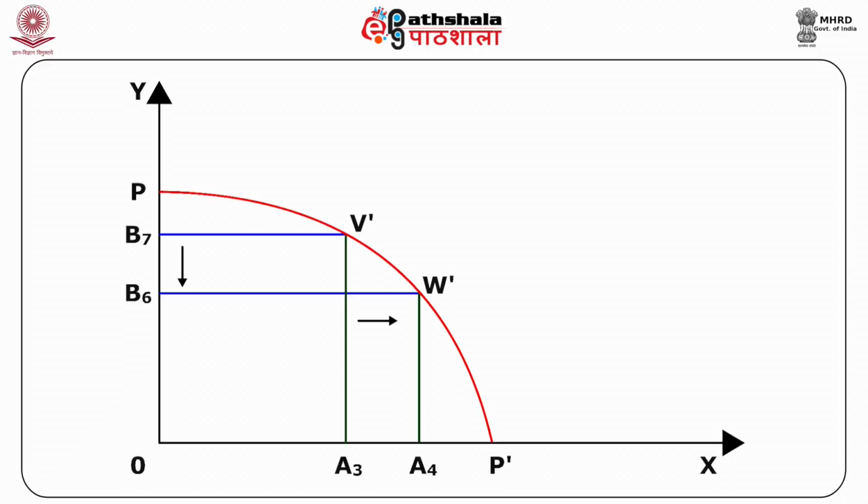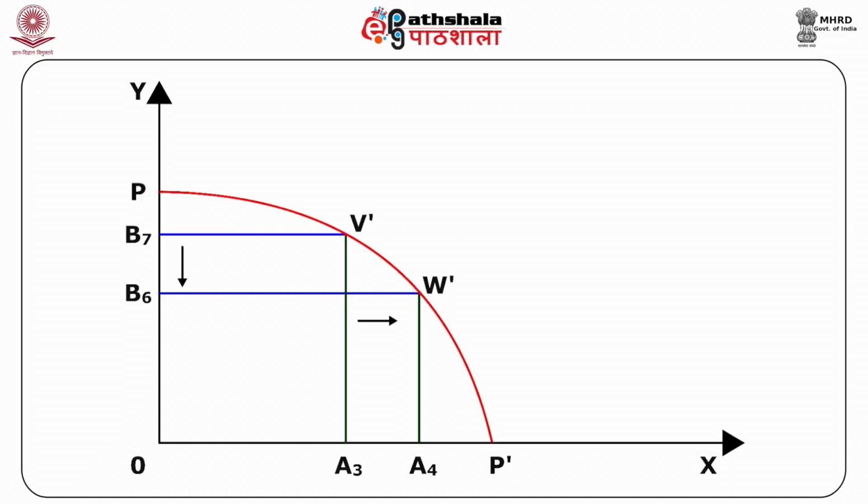We therefore have two illustrative points, one is V prime and the other is W prime, and these represent the two points of tangency on the Edgeworth contract curve. But as we have said, as we move down in the case of production of Y from B7 to B6, the production of X increases from A3 to A4.